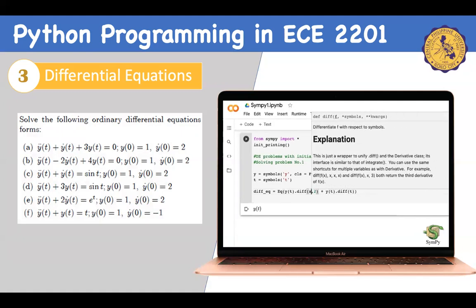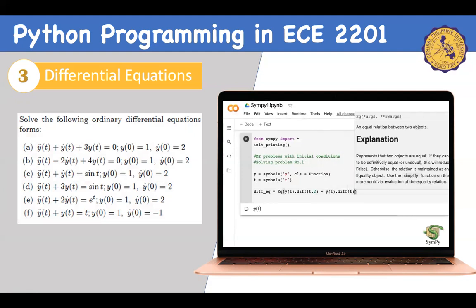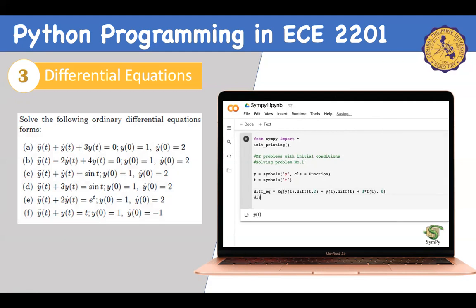Oh, by the way, we are using t, not x. So t, plus, let's say, plus 3 times y(t) equals 0. Instead of equals, you use comma, so comma 0. So take note, this is the differential equation.